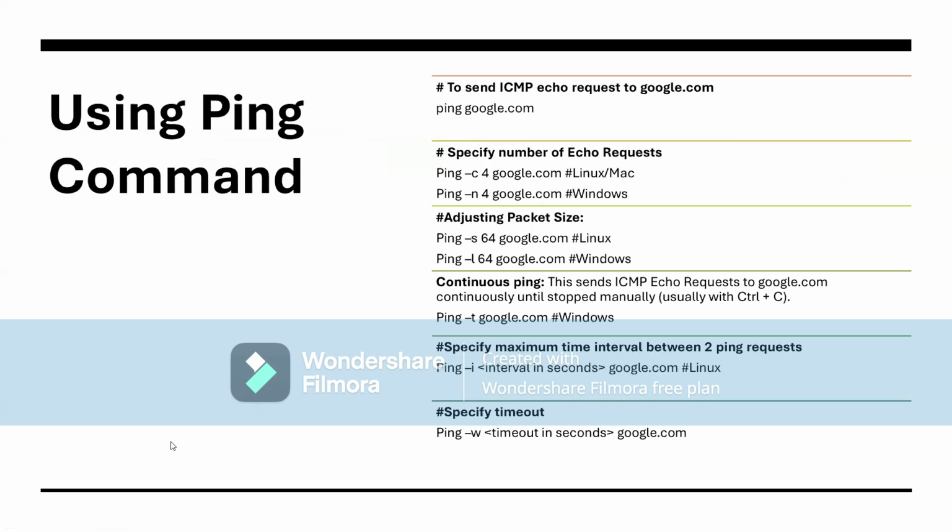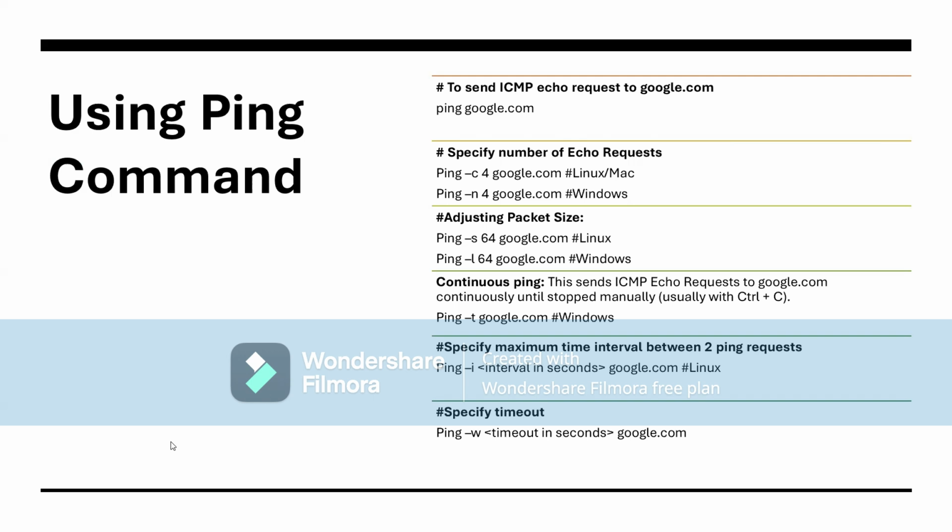Going forward, I would like to give you these commands that you may try at your end. If you want to specify a number of echo requests that your source device should send out, you can use -c or -n in Linux and Windows. If you want to do a continuous ping, as far as I know, we can do it only via Windows, and you can do it with -t.